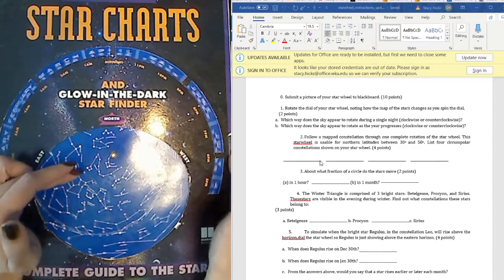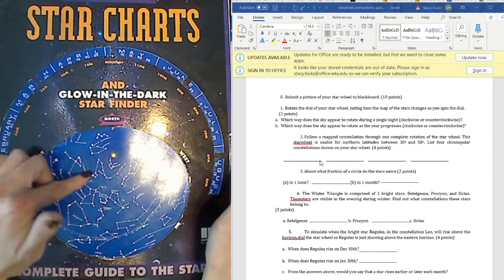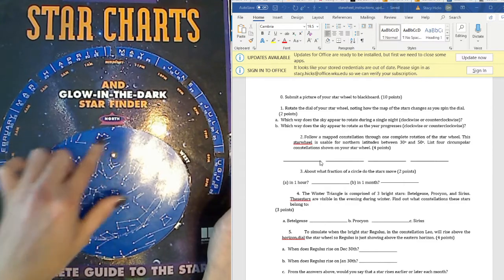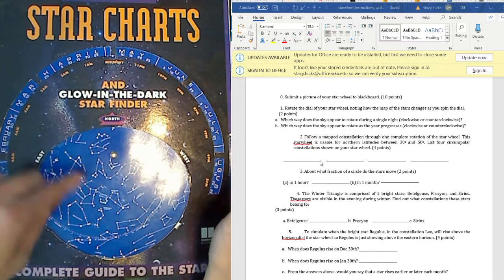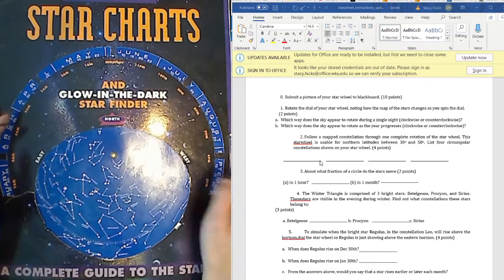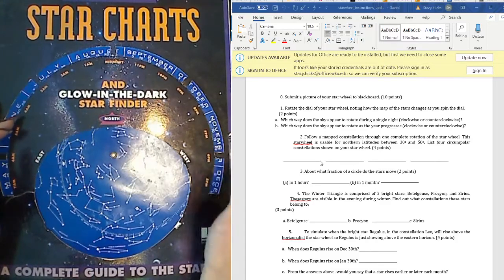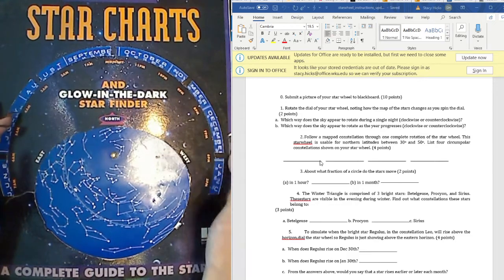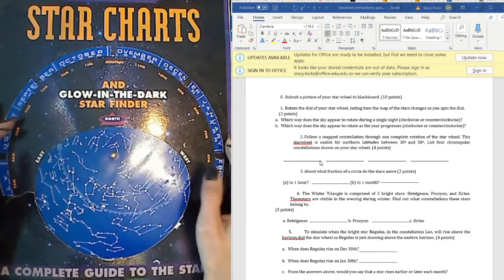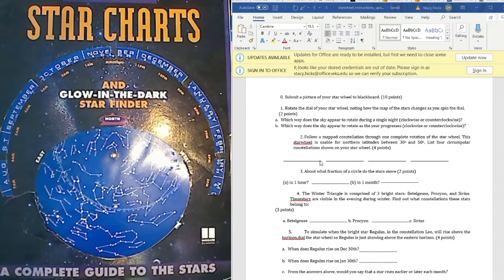But notice that these constellations in this area never go behind the horizon, right? So they never set. These are what are called circumpolar stars, right?